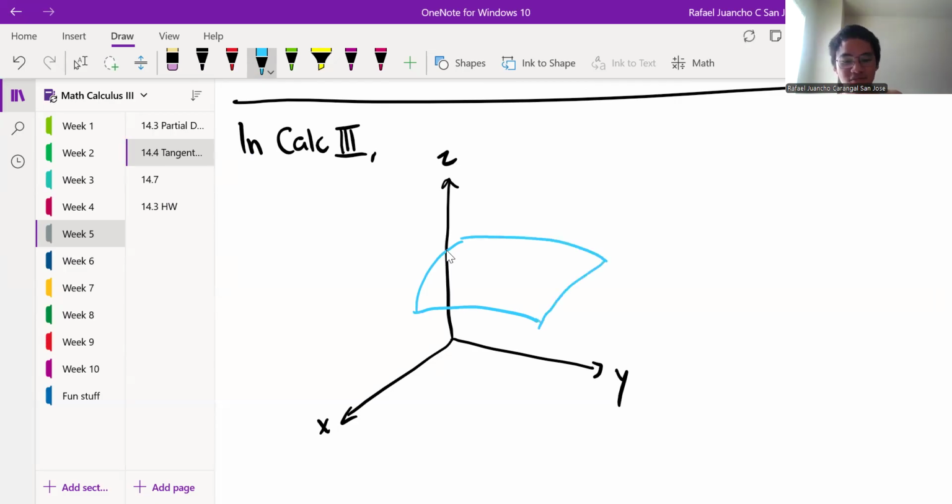Let's say that's the surface. And let's say there's a point on this surface, right? And then from there, we can find derivatives at that point. We actually find two, right? And we did talk about this. We can see there's a derivative there. So that's one tangent line. Another one could be some tangent line here.